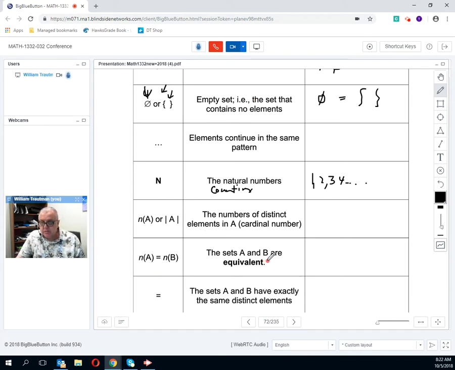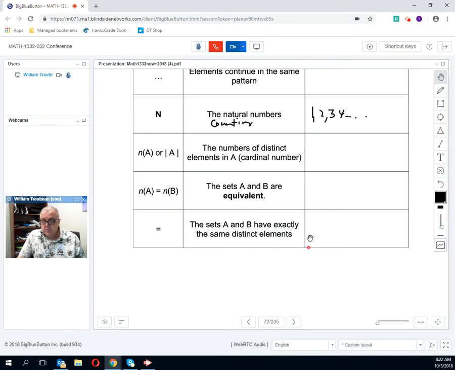And we talked about equivalent sets in 5.1. Basically, equivalent sets have the same cardinal number.